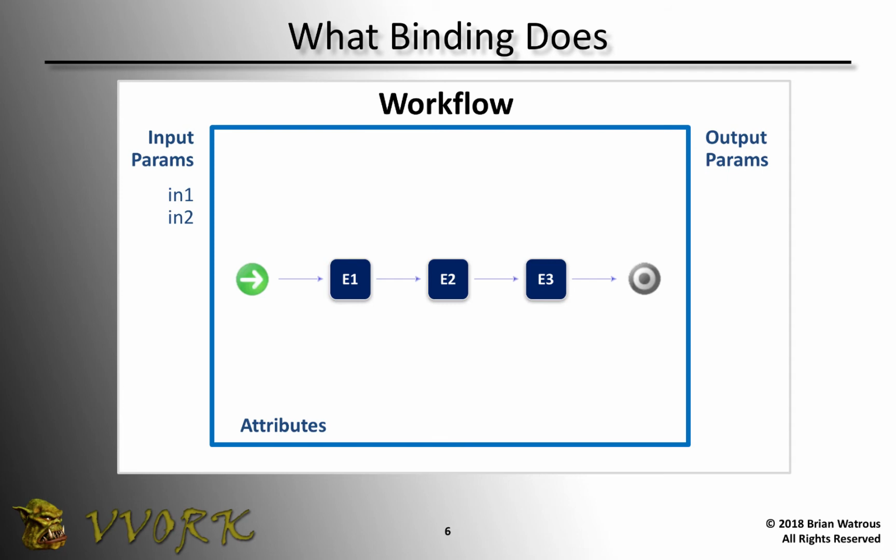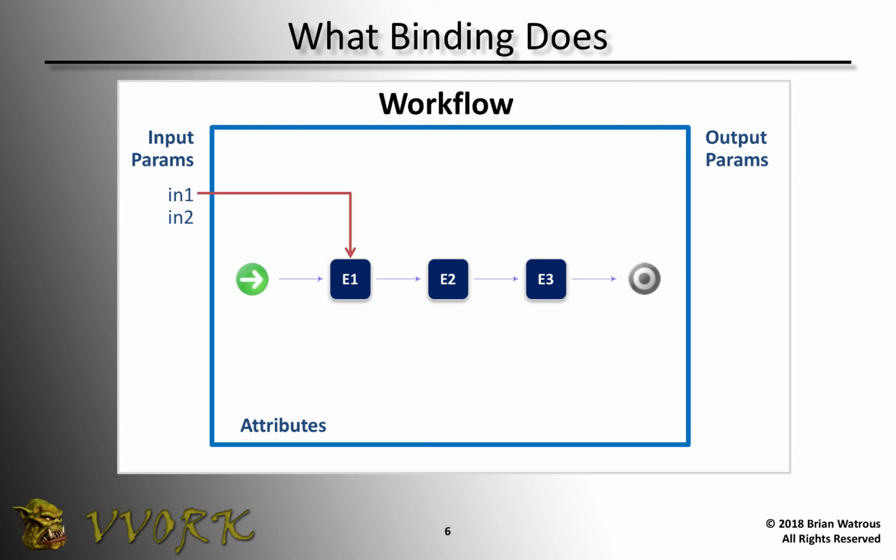So by setting up parameter binding, what we're doing is explicitly creating a connection between an existing variable, such as an input parameter, output parameter, or attribute. In this example here, let's assume we're trying to set up an explicit connection between the input parameter called in1 and the schema element called e1.